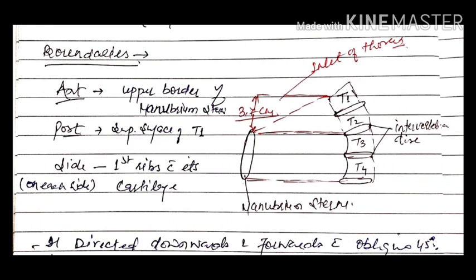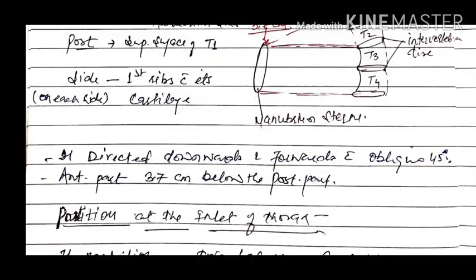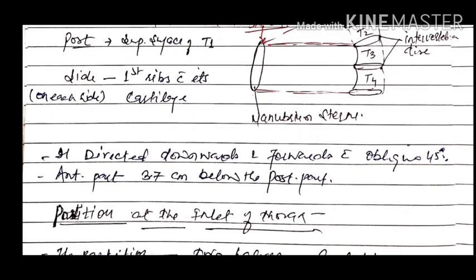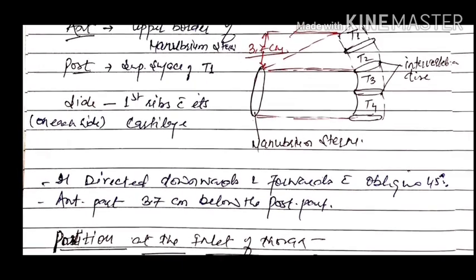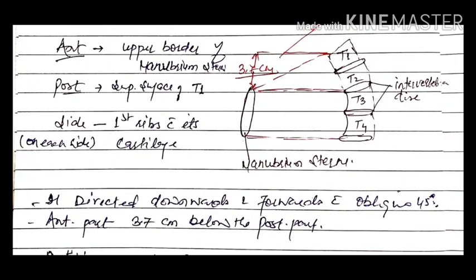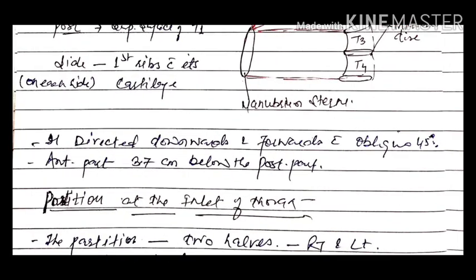That forms the inlet of the thorax, also known as the superior aperture. It is directed downwards and forward, obliquely, at 45 degrees.